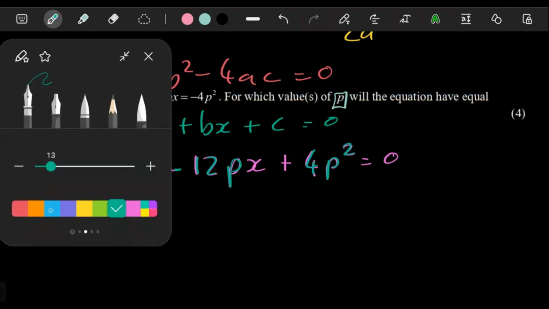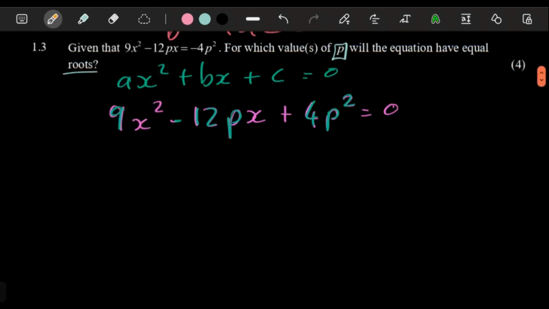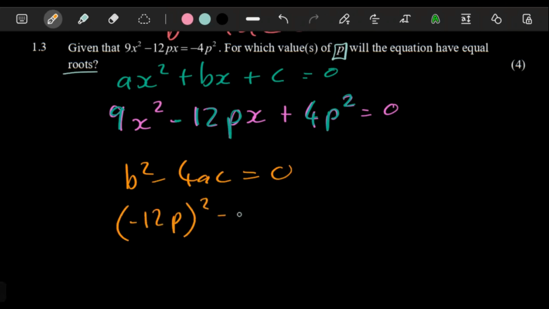With this information in mind, what we know is that we want to work out where b squared minus 4ac is equal to 0. So our b value is negative 12p, our a value is just 9, our c value is just 4p squared.